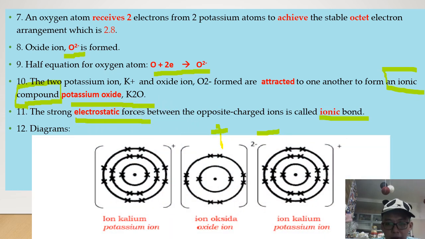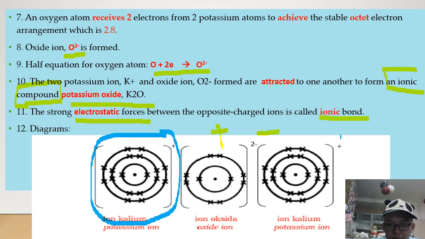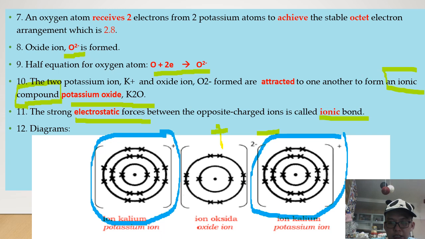For potassium oxide, because you have 2 potassium, you can draw 1 at the left hand side, another 1 potassium at the right hand side, both with the positive charge, and the oxide ion will be in the middle because it receives 2 electrons, so you will put 2 negative charge. So this is oxide, and this is the potassium. You can put in the middle the element formula, KOK.